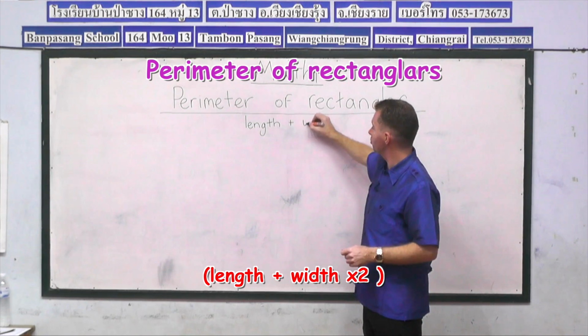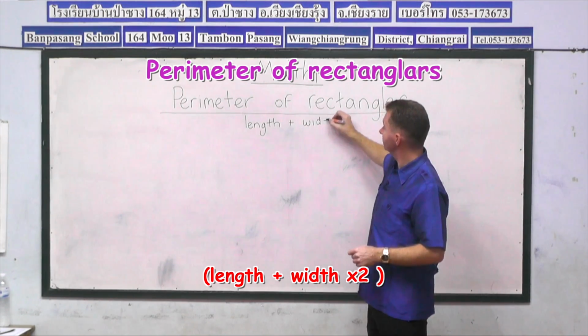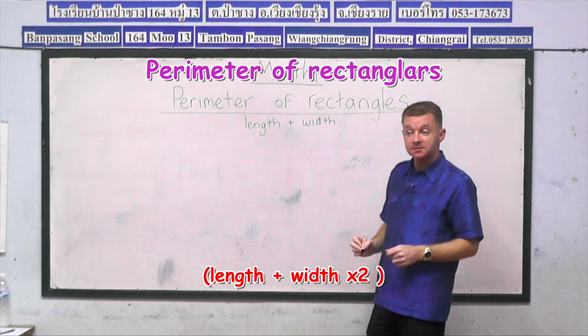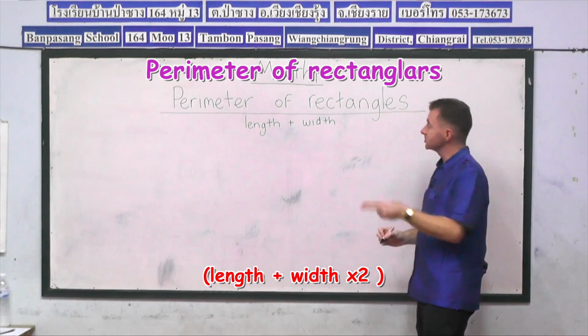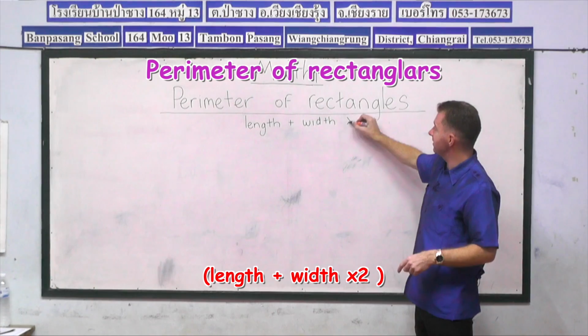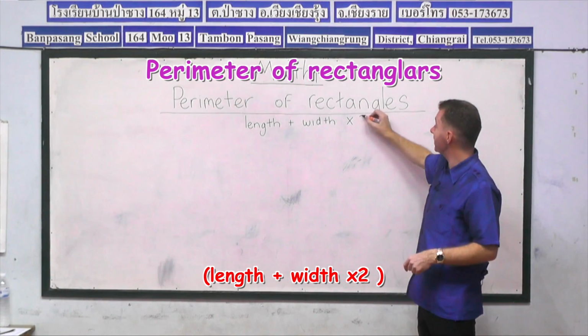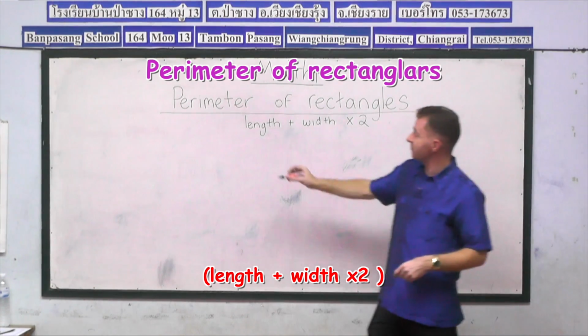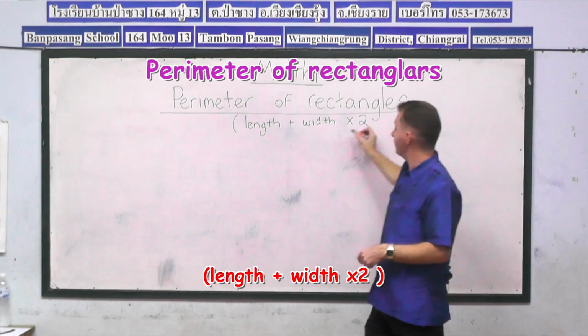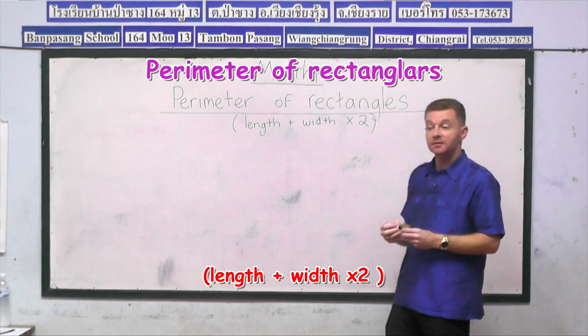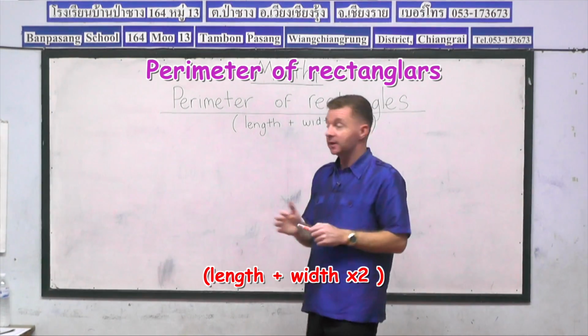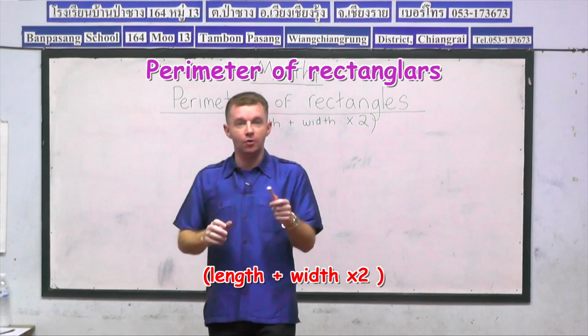Length plus width will give us the distance of two sides. But there's four sides. So what do we need to do with the number? We need to times it by 2. So the formula for working out the perimeter of rectangles, length plus width times 2.